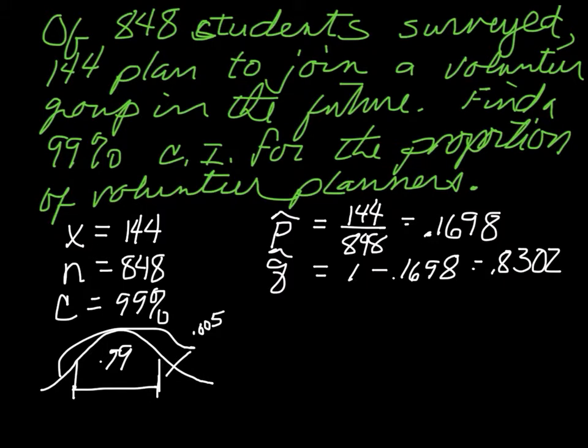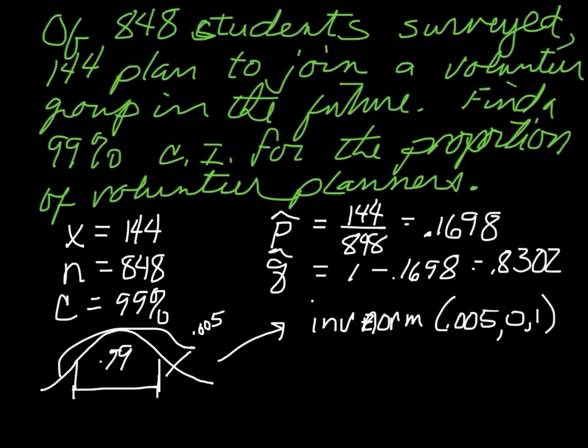And so what we did before is an inverse normal with 0.005. Since it's standard normal, we'd use 0, 1. And when we do that, we get plus or minus 2.58 standard deviations above or below the mean.